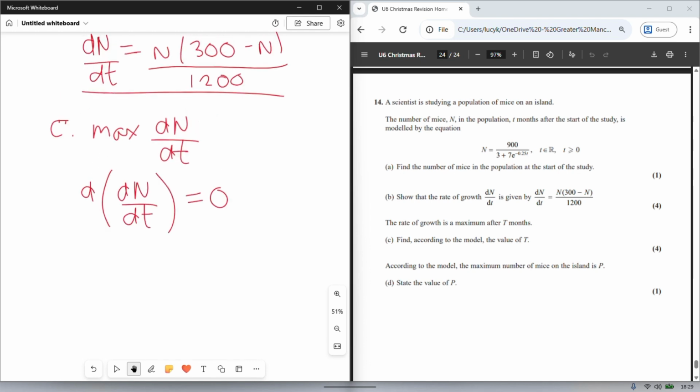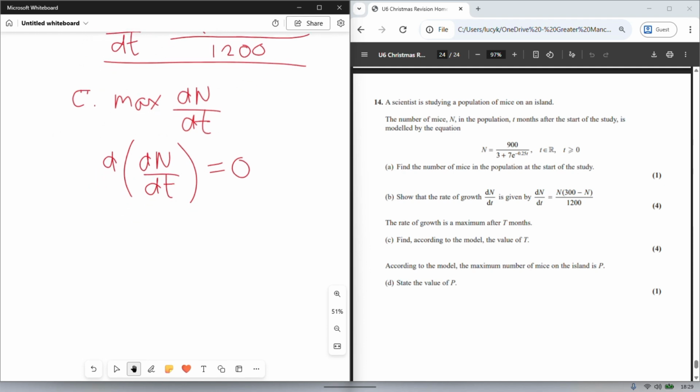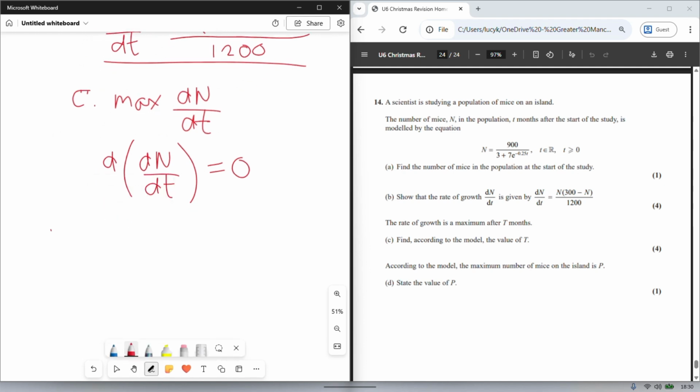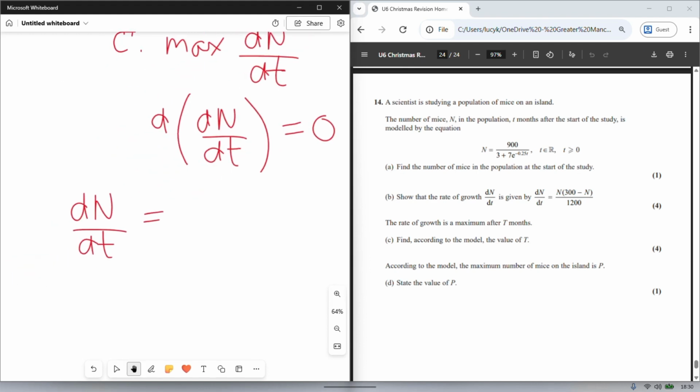So this thing is going to be a lot easier to differentiate. So I'm just going to rewrite dn by dt in a way that would make my brain happier to differentiate it. So dn by dt, I realise I should probably zoom in again so the writing is not as thin. So dn by dt, I'm just going to expand the top bit.